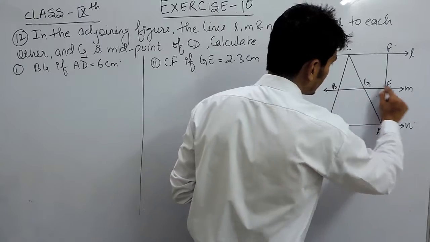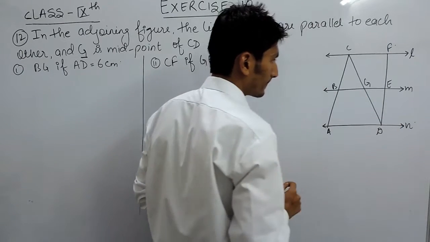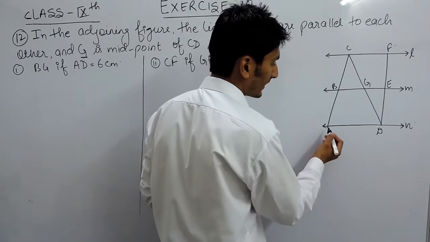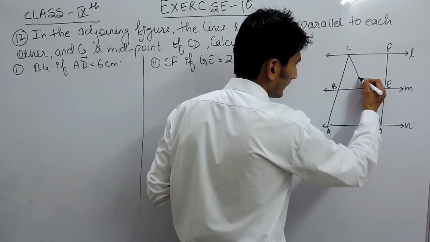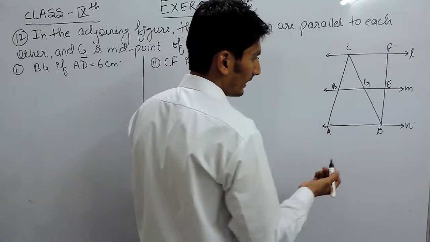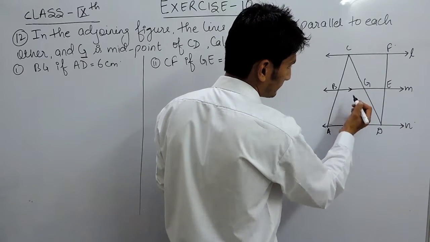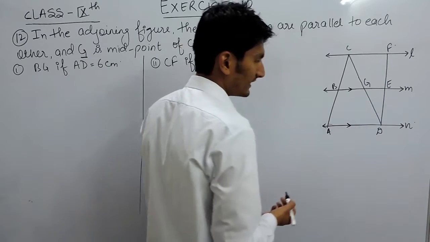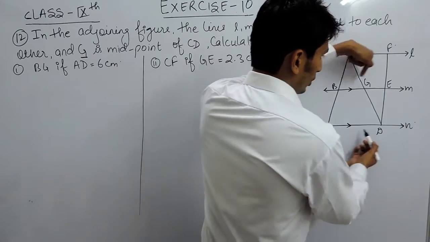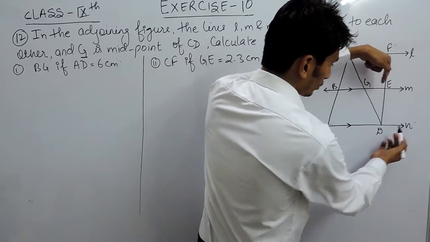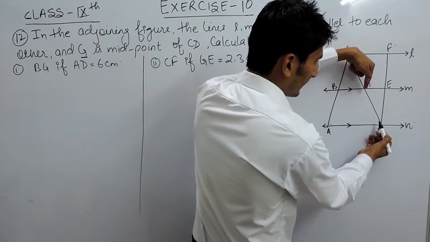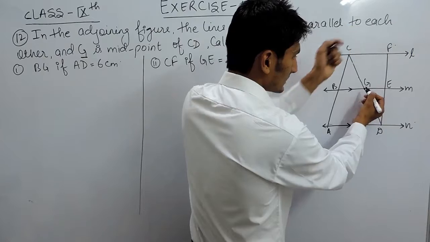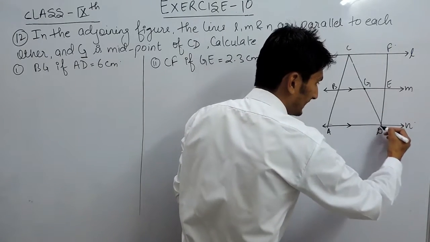These three lines are parallel to each other. Now if I talk about triangle ADC, the line BG is parallel to AD, because these complete lines are parallel, so obviously this line segment must also be parallel. G is given as the midpoint of CD.